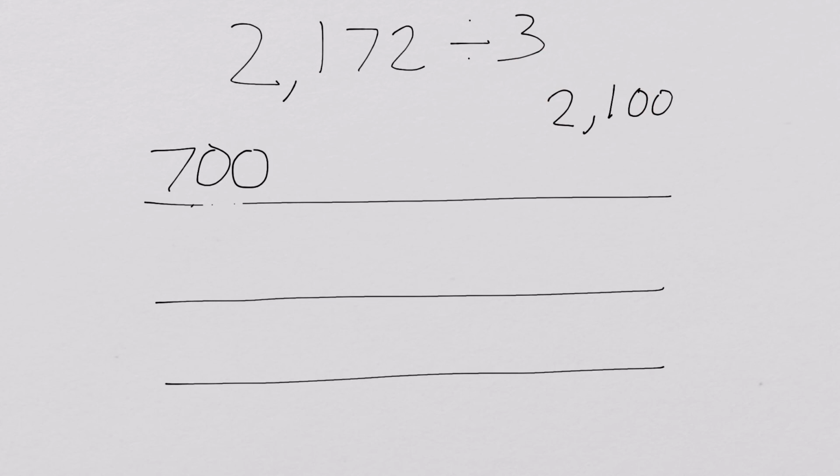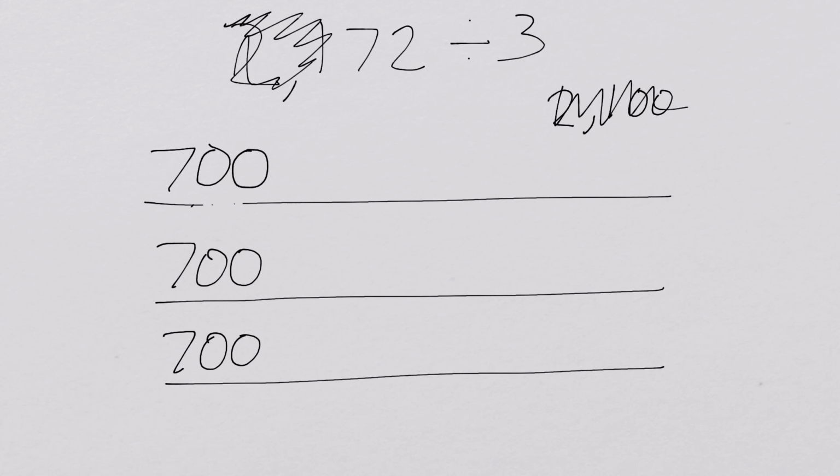And 700 times 3 is 2,100. So I can split 2,100 up 3 times and give everyone 700. So 2,100 is gone. And if you want to, you could even just cross it off because we used it already. I may not recommend it, but it's possible. Do what's best for you.